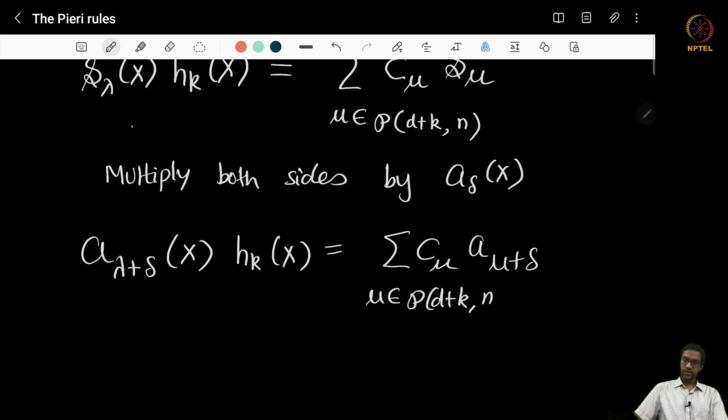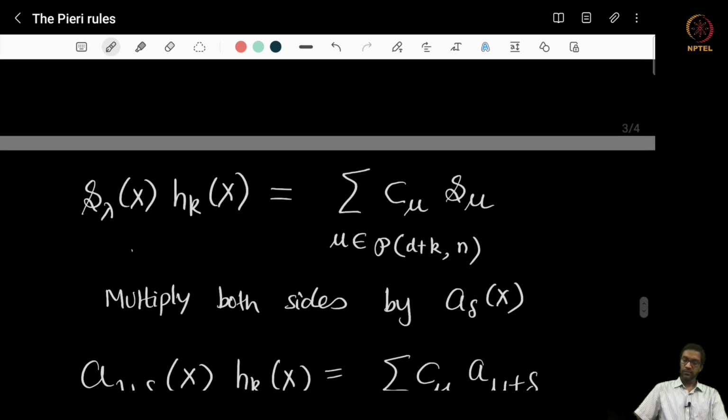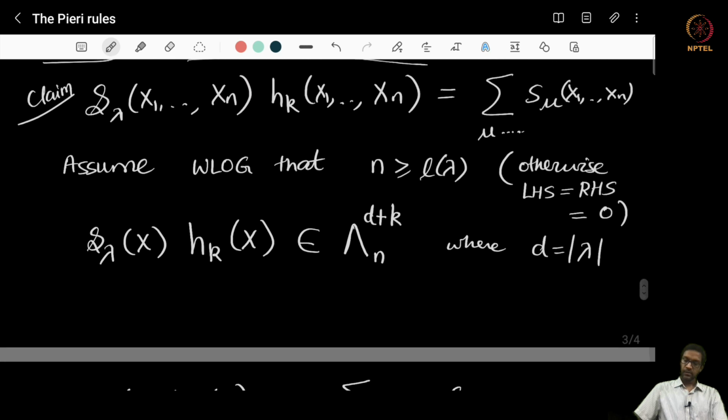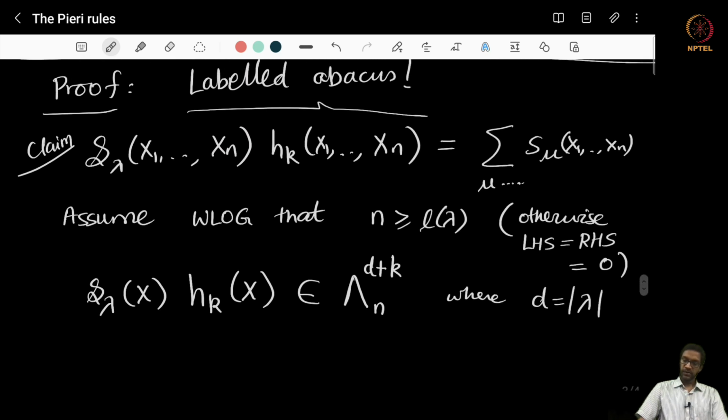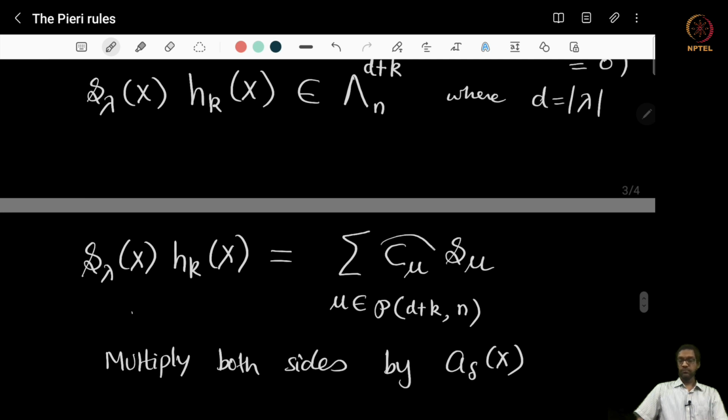Now what is it that we needed to prove in order to prove our original theorem here? What we are trying to calculate is, what are those coefficients C mu really? So our job finally is to show that the coefficient C mu in this expansion is either 0 or 1. C mu is 0 for most of the mu's.